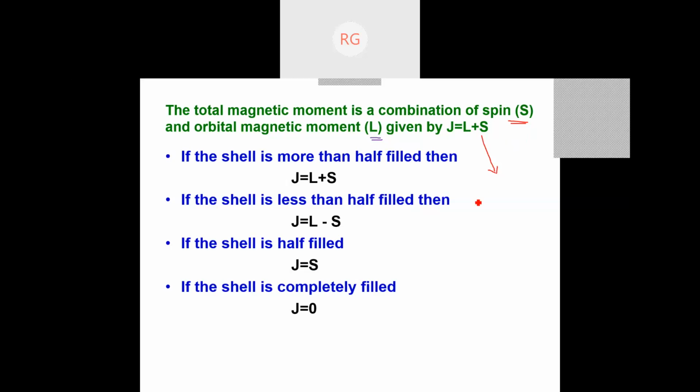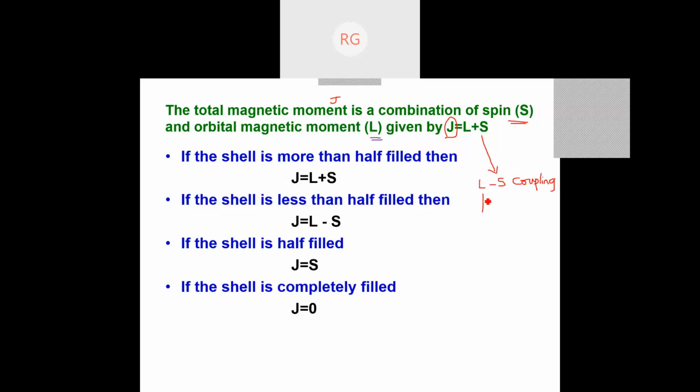How L and S interact and couple together to give total magnetic momentum J can be calculated by using various methods, and they are called LS coupling. All these are not in the syllabus to discuss, but you can refer to any textbook to know what is LS coupling.